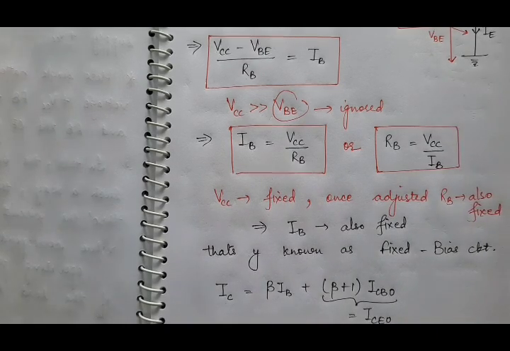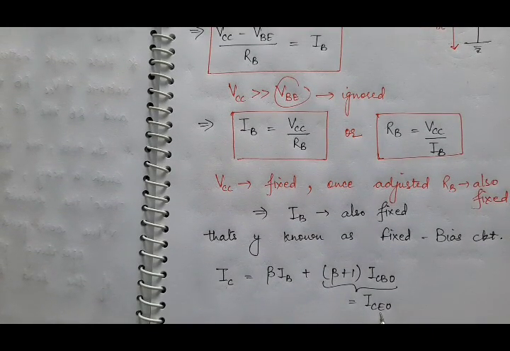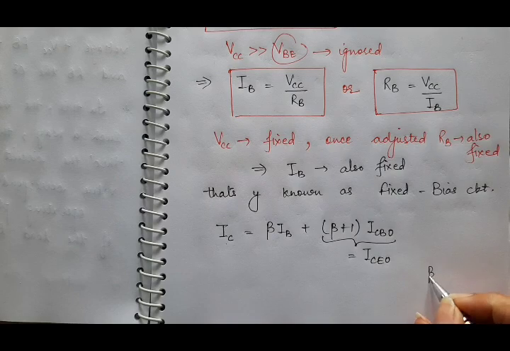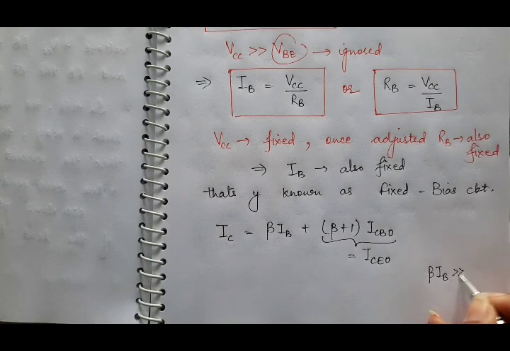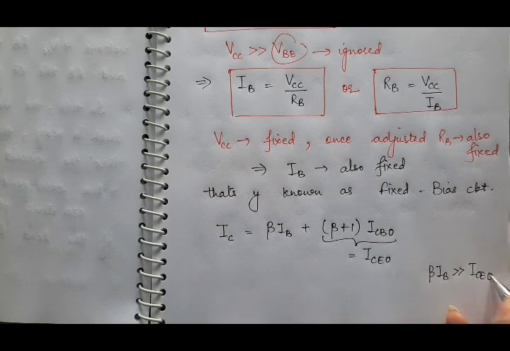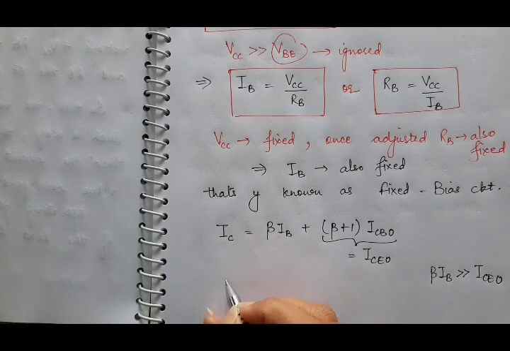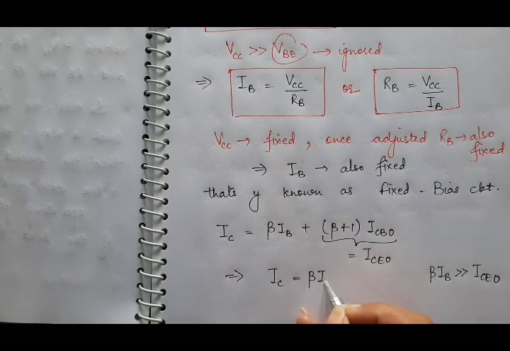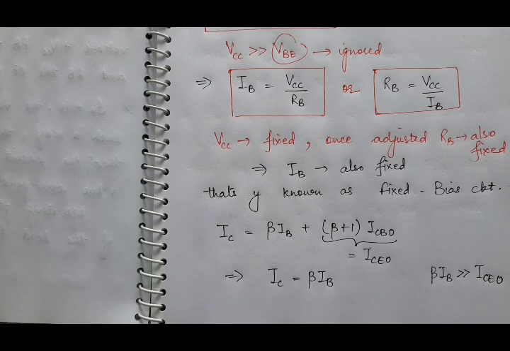And we know that this leakage current at any particular temperature is very small as compared to this factor. So we can ignore this factor as compared to this beta IB. So therefore, now you will write this as beta IB is greater than ICEO. So we can neglect this factor, and this implies the collector current is given by beta IB.